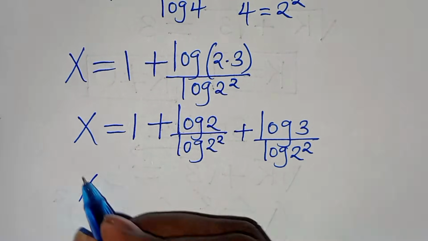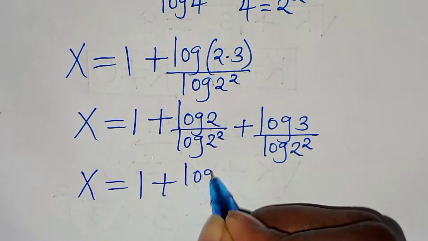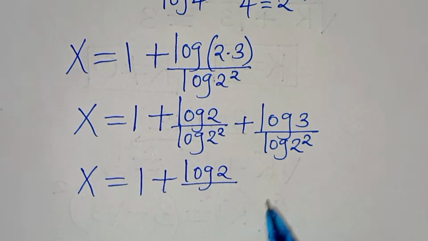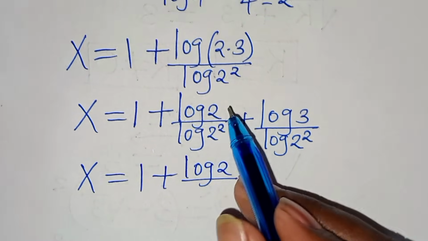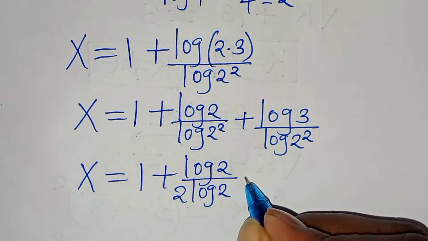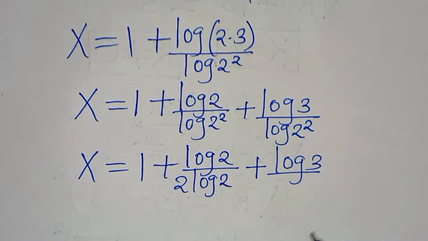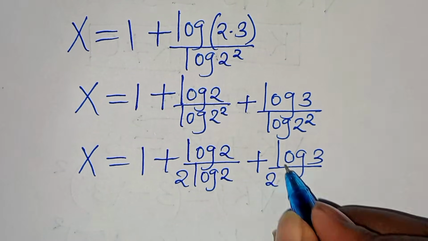Now here we have x is equal to 1 plus, log 2 divided by log 2 to the power of 2, which becomes 2 log 2, then plus log 3 divided by log 2 to the power of 2, which becomes 2 log 2.